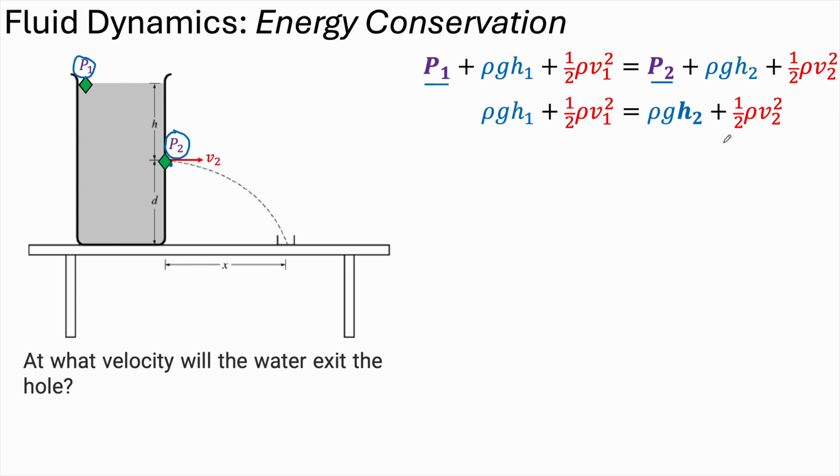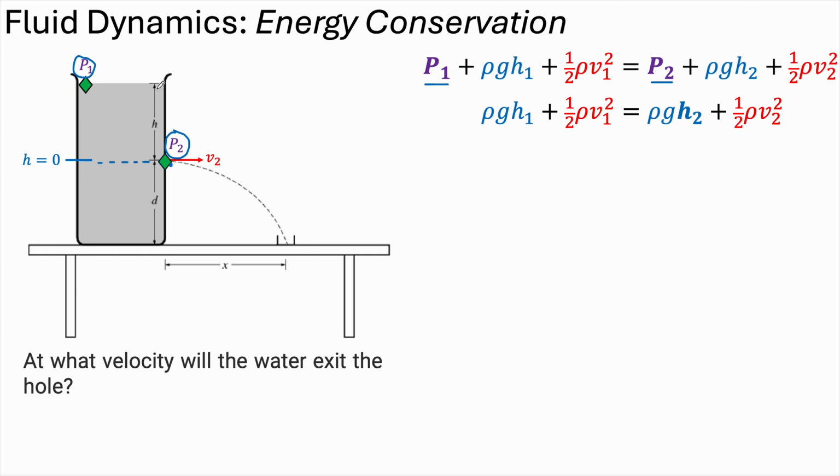The question is what's the height? Well, again, just for our own sanity, I'm going to set the height equals 0 right at this point. Just makes it easier. We don't have to worry about any negative signs. I could have set it at the tabletop, but then this one would have been a D, and this one would have been a D plus H. Let's just keep it really simple.